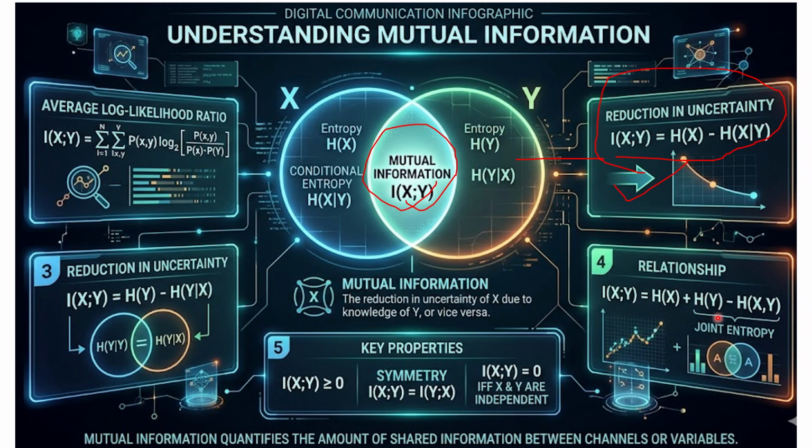Also, an extended version of this mutual information, you can also use this expression, that is, mutual information equal to H(X) plus H(Y) minus H(X,Y). This is also the expanded version, so we will look into that.